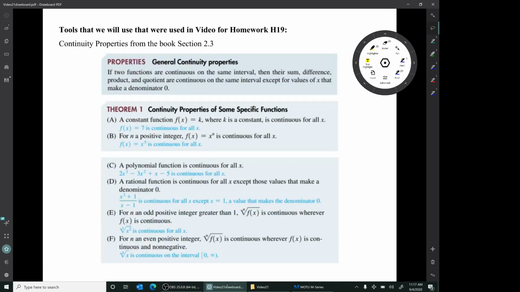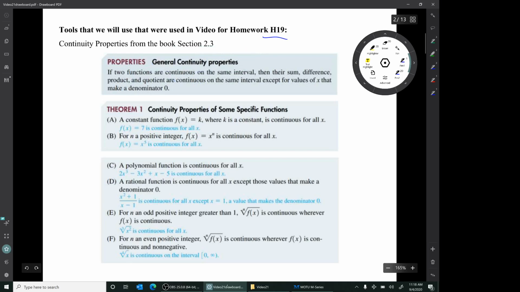Some of the tools that we will use were used in a previous video, the video for homework 19. They were these general continuity principles that basically if you have two functions that are continuous, you build a new function using those continuous functions, the new function that you get is also continuous, except possibly at x values that cause the denominator to be 0.